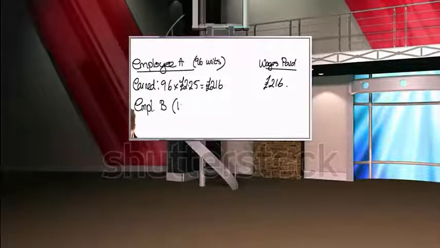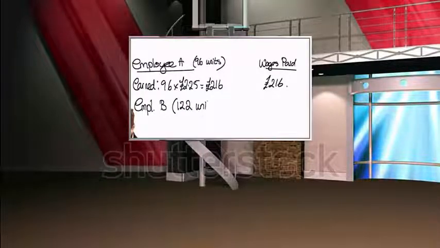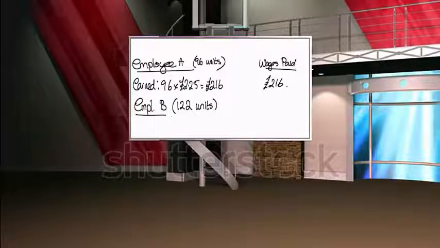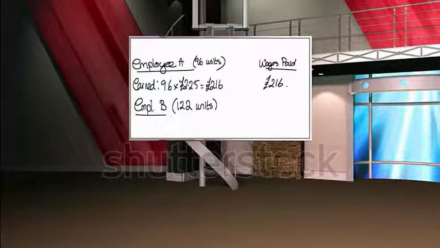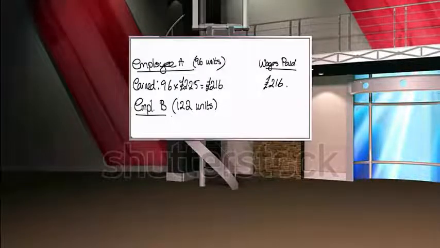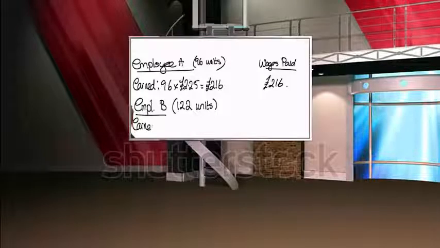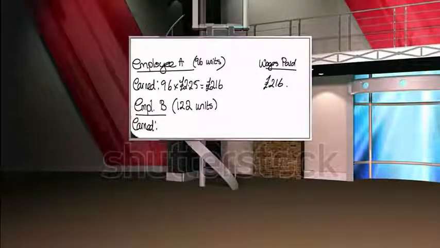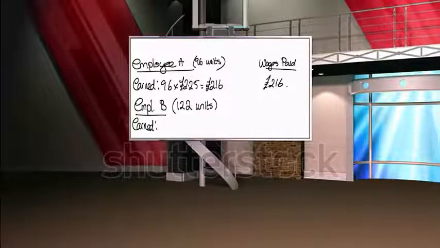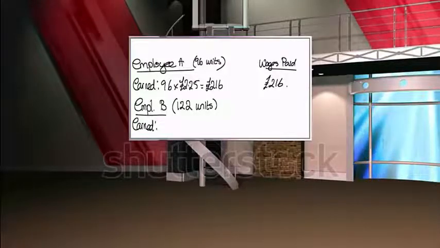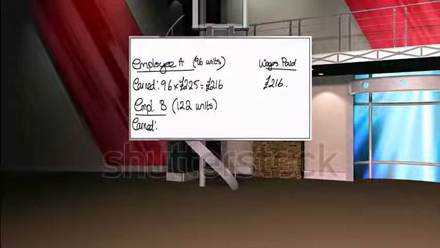Employee B has produced 122 units. So first we'll think about how much have they earned, and is this higher or lower than the minimum wage? Remember, we were told in the question that they get paid £2.25 for the first 100 units.